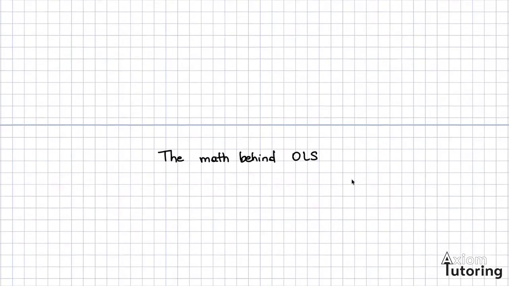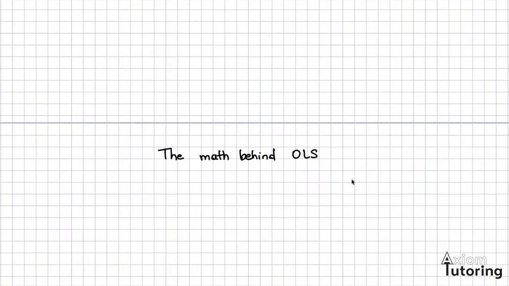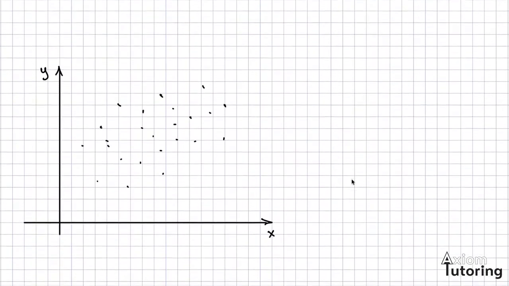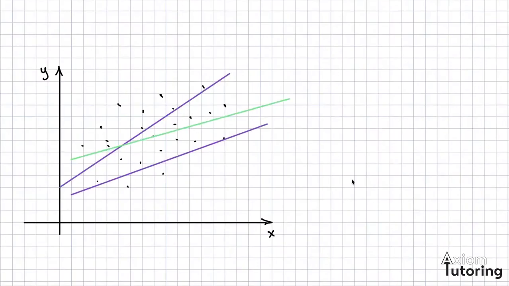Okay, so before we jump into that, remember what we're trying to do is find: is this my best line, or is this my best line, or is this the best fitted line? We have a lot of candidates in here and we need to find which is the best one. Let's say through computations, maybe we will find this particular line.